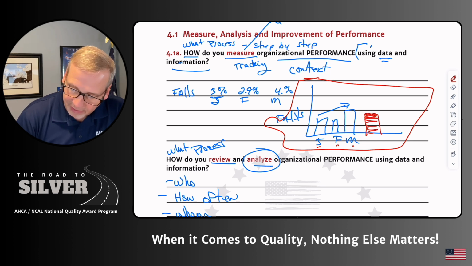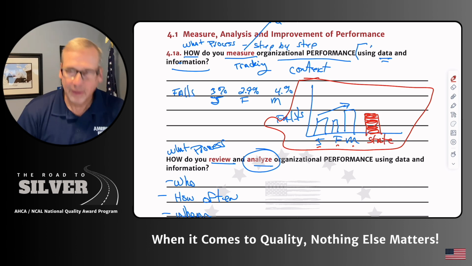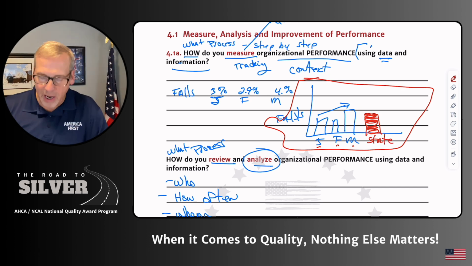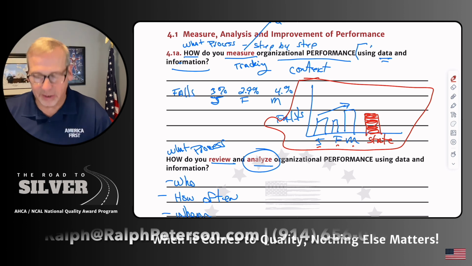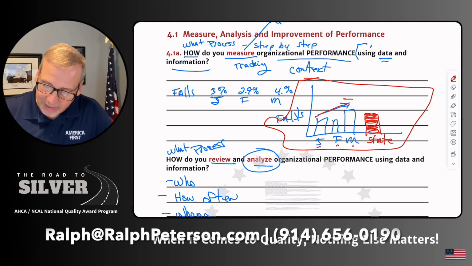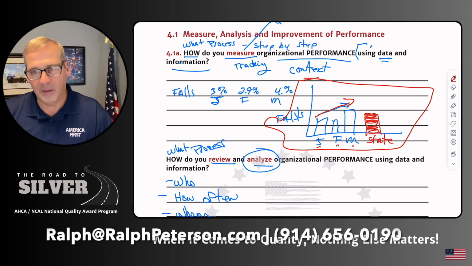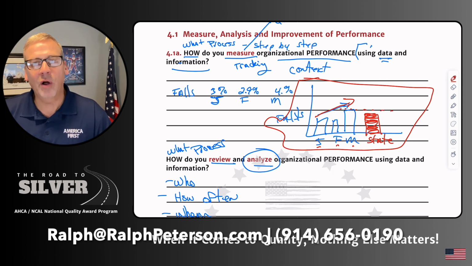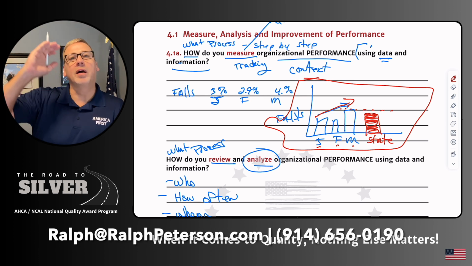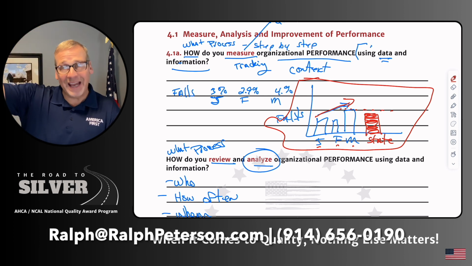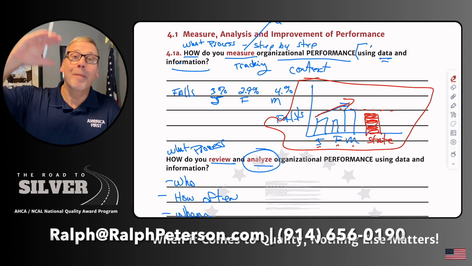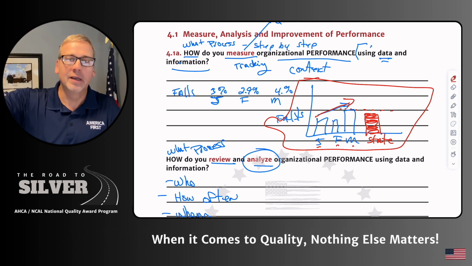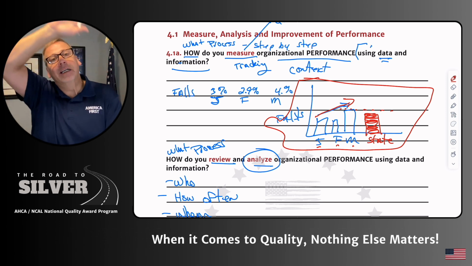And let's say this is your state or local comparison. So now, what you can see is not only are you trending up with your falls, but by this data I just drew here, you're also well above your competitors. Your state, the state average, you're above the state average for falls. That should be sending alarm bells, right?